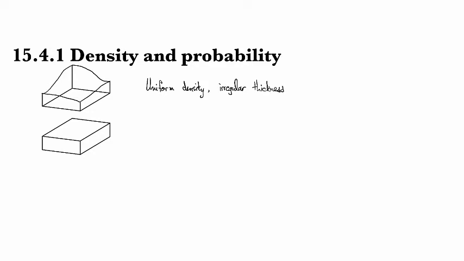Let's say the thickness is given by the graph of some function, and I'll do a little bit of doodling over here to indicate the kind of thing I'm thinking of. So we've got some sort of a surface like that.